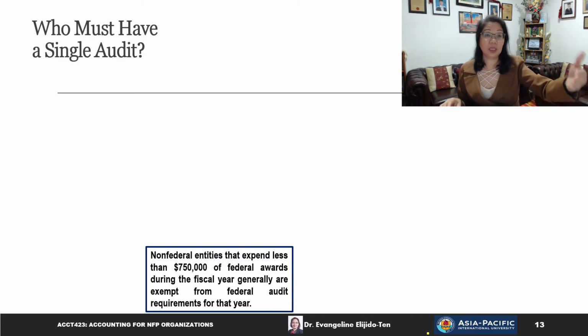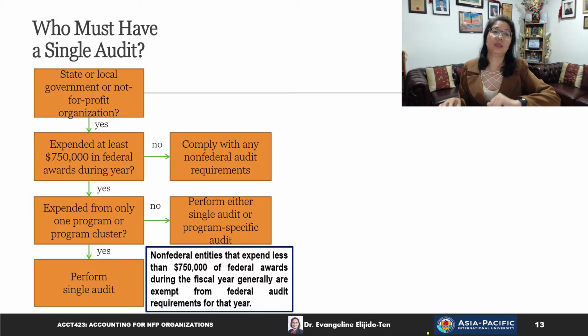So remember that single audit is a federal audit requirement. So if you are a state and local government that expends less than $750,000, then you don't necessarily have to have a single audit. So let us now answer the question, who must have a single audit?